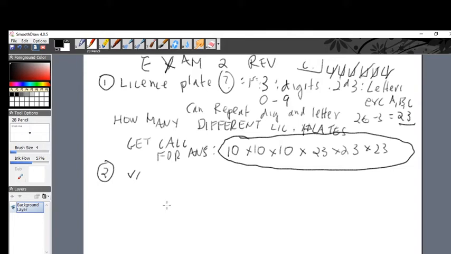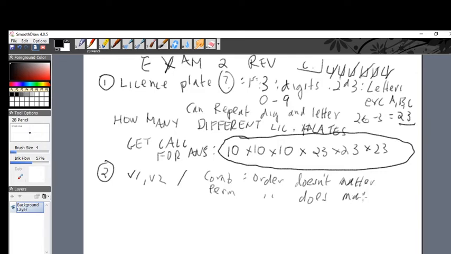You need to go over that, and I'll just remind you quickly that with a combination, order doesn't matter, and with a permutation, order does matter. And you can go see there for the formulas.